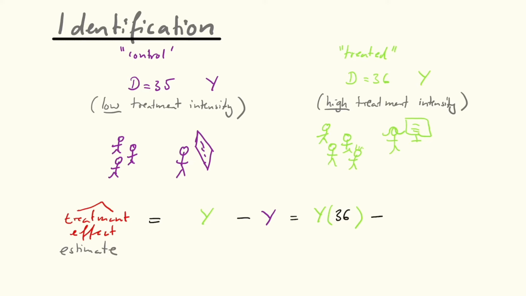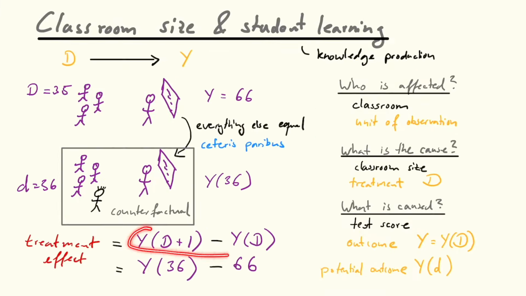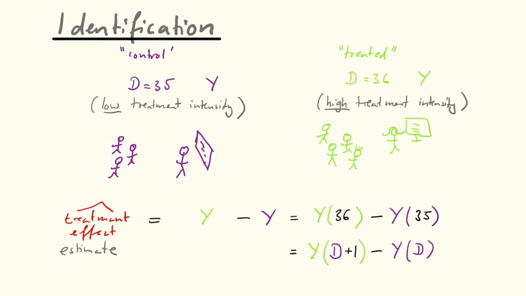The control outcome is the potential outcome at a class size of 35. 36 is equal to the baseline class size plus 1. And 35 obviously is just equal to the baseline class size. Now does this look like this? Almost, but not quite. Can you see what's gone wrong?